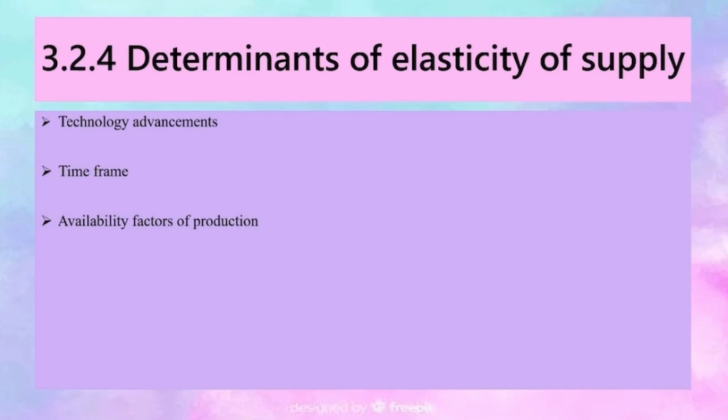The third is availability of factors of production. When factors of production such as land, labor and capital are available and can easily be moved from one occupation to another, supply tends to be more elastic. Number 4 is nature of the market. When products can be sold in different markets, supply becomes more elastic.